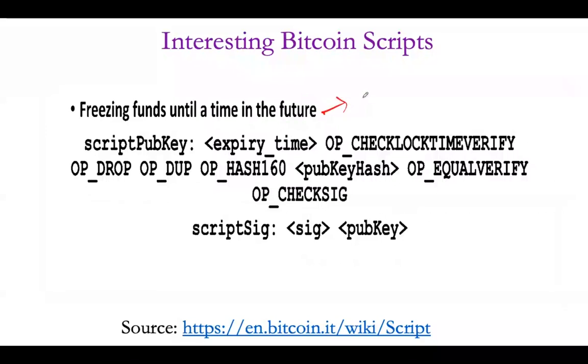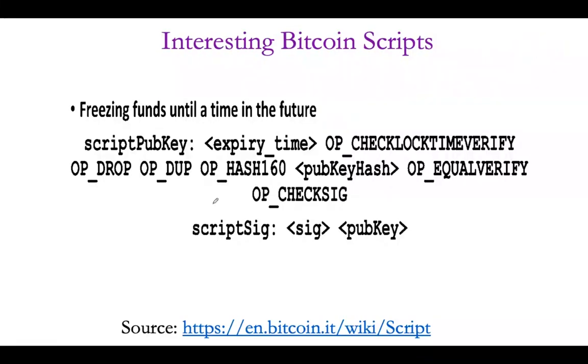So here it gives you conditional instructions. In these conditional instructions, what happens? You are freezing some time, meaning up to this time don't spend this coin, and after this time you can spend this coin, right?